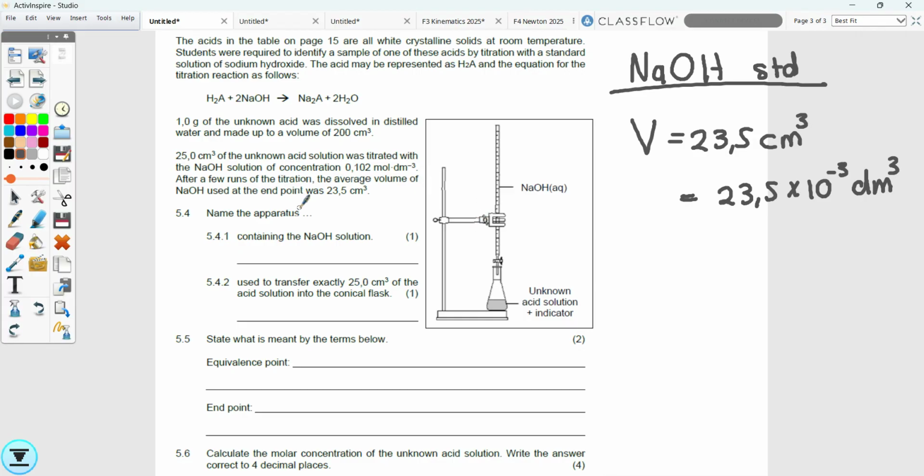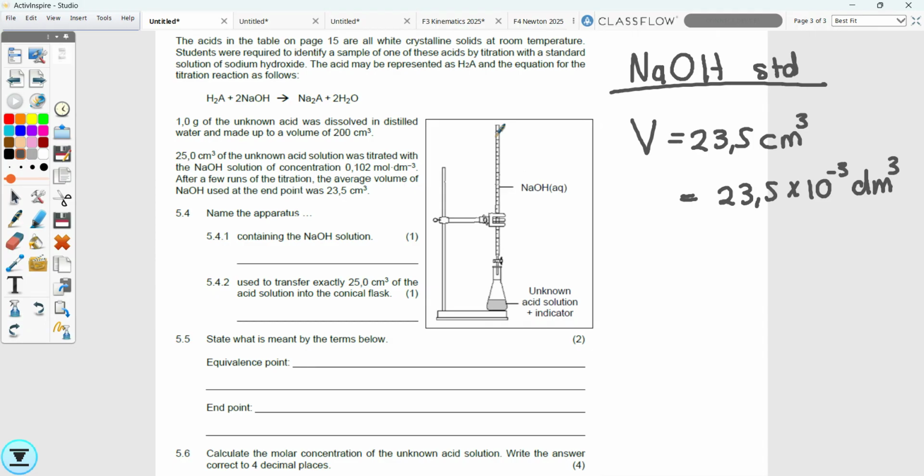Then they say name the apparatus containing. Remember I said to you there are 2 experimental procedures that you have to know for your exam. There's practical questions going to come out of titration, and practical questions going to come out of making a standard solution. But for your test on Monday, on Wednesday, I'm not going to ask apparatus because you've got the prac on the same topic next term.